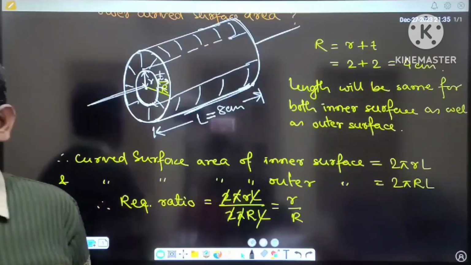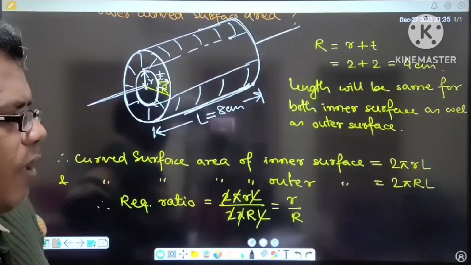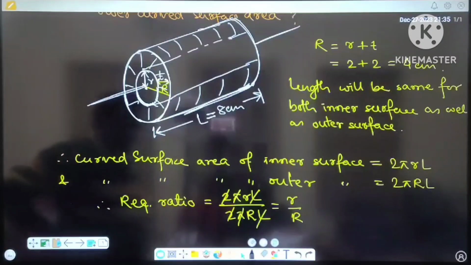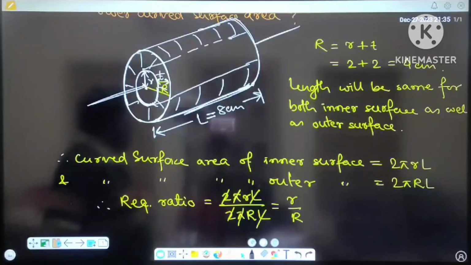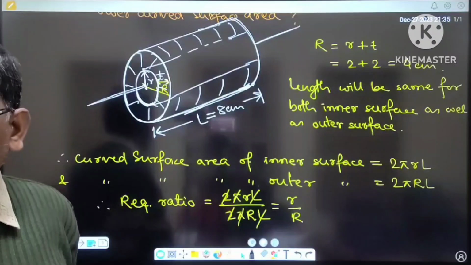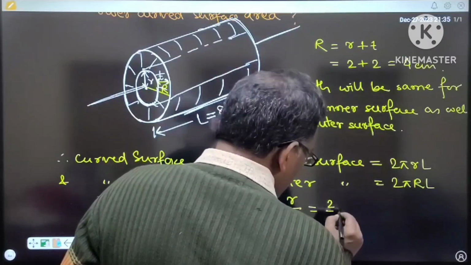because had it been asked about the calculation of the inner and outer surface area, then we should have calculated the value according to the formula 2 pi RL for both of them. But as we have been asked here to find the required ratio, we divide the inner surface area by the outer surface area, and then it is small r to capital R. So it is 2 by 4.